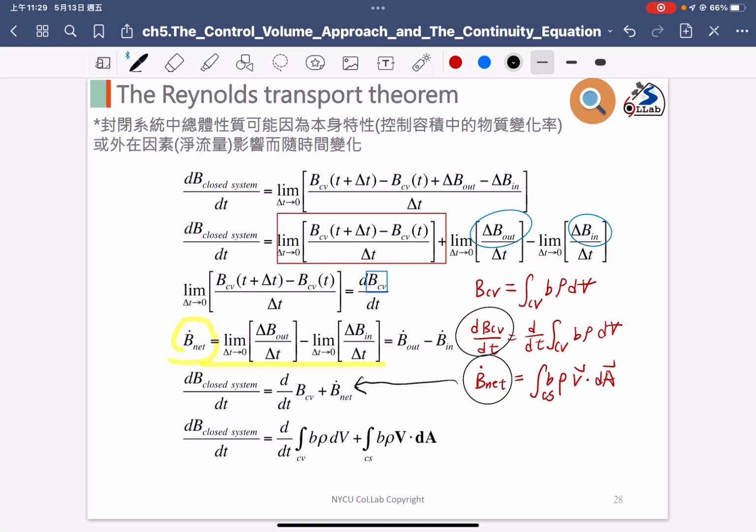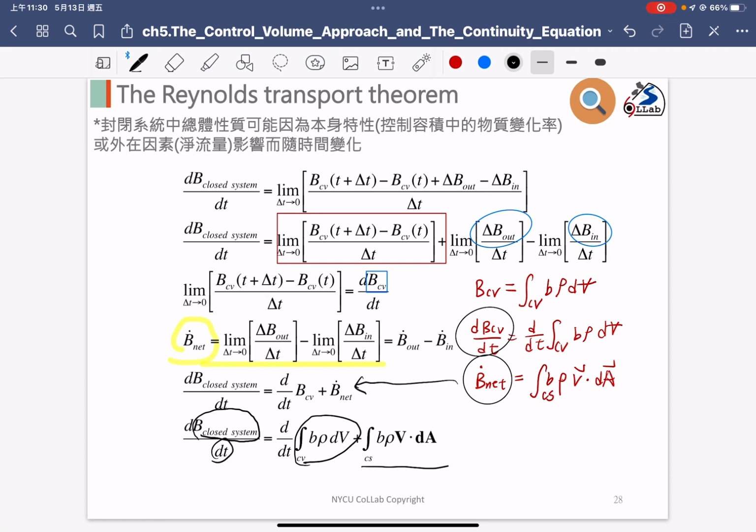We can summarize: the total extensive property inside the closed system changes with time equal to the matter change in the control volume plus the matter exchanged along the control surface boundary.